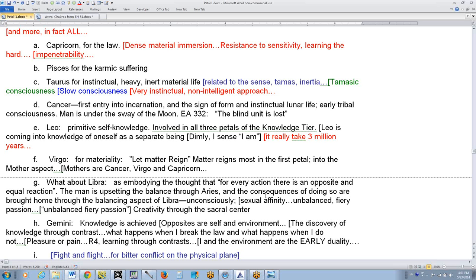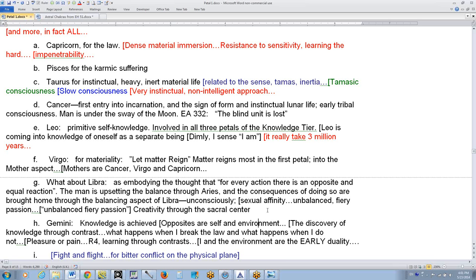There is sexual affinity. It's what's called unbalanced fiery passion on page 333 of Esoteric Astrology. And there is procreativity, basically through the sacral center, which is much associated with Libra. It is shown to be much associated with Libra through unbalanced fiery passion.